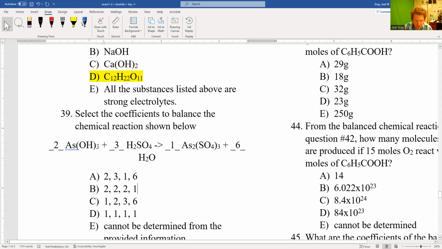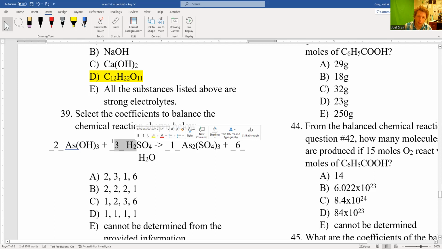My hydrogens, I've got a grand total of 6 of them accounted for on the reactant side. And then on my product side, that's 6 hydrogens, and I've got a 3 with H2, that would be a total of 6 of those.